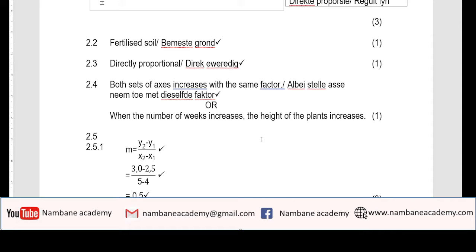2.5 says calculate the gradient of the graph, but the graph requested is for fertilized soil, and 2.5.1 is saying unfertilized soil. So now you're expecting learners to use the table to calculate the gradient. Is it correct, science?